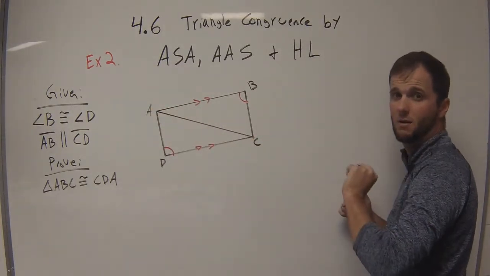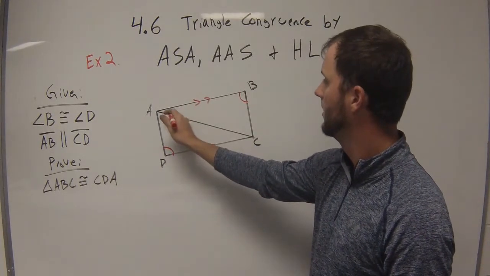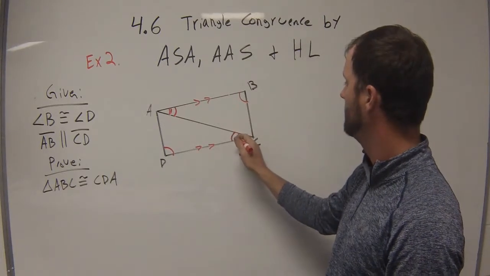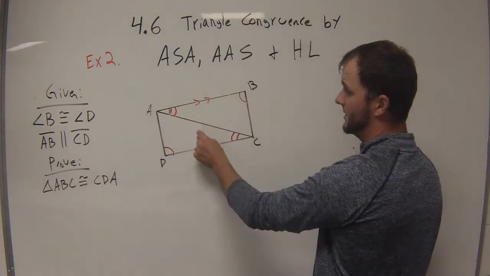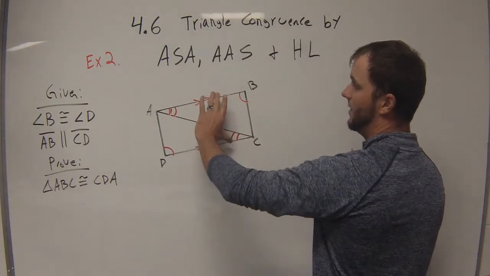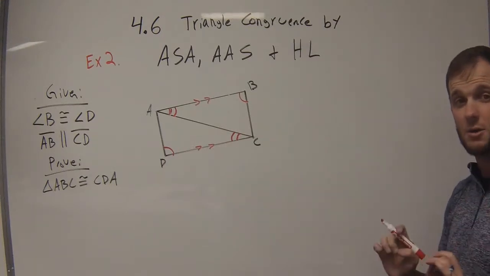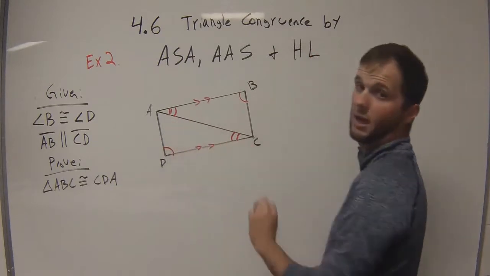So right now, I know that this angle right here and this angle right here are going to be alternate interior angles. So they're on opposite sides of my transversal, and they're inside my two parallel lines. So those are going to be alternate interior angles. So those two angles are congruent, okay?